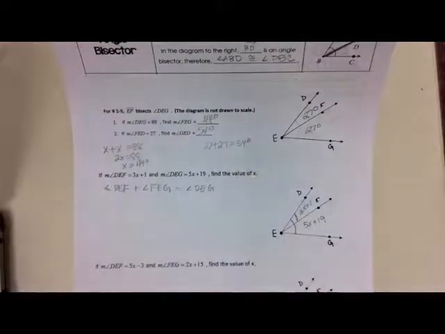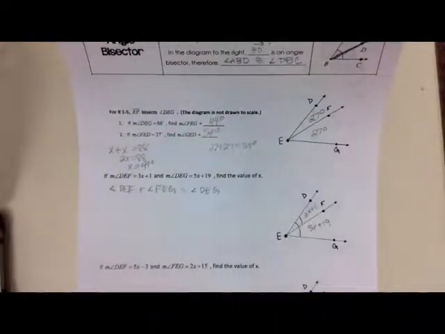So remember, if it's an angle bisector, angle DEF plus angle FEG, those are the part and part angles, has to equal angle DEG. Let's plug in all those values. DEF is 3x plus 1, FEG is also 3x plus 1, and they told us DEG is 5x plus 19.